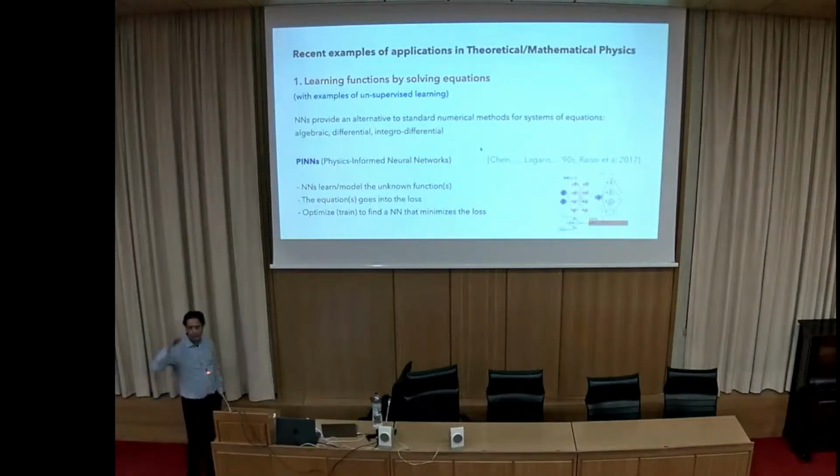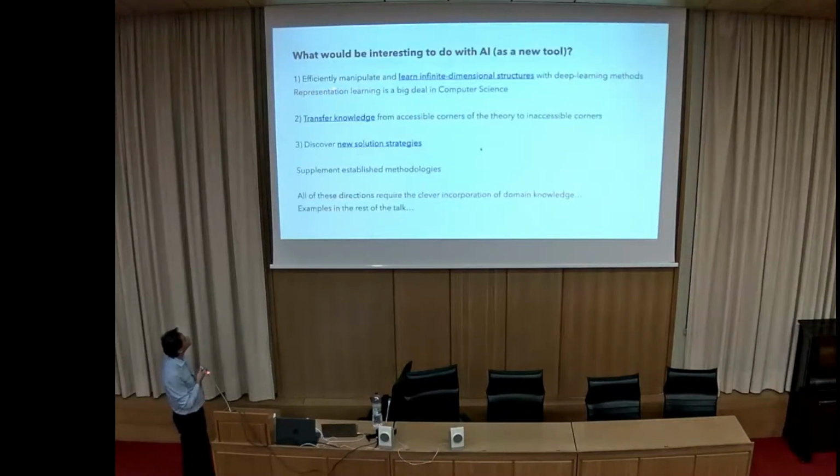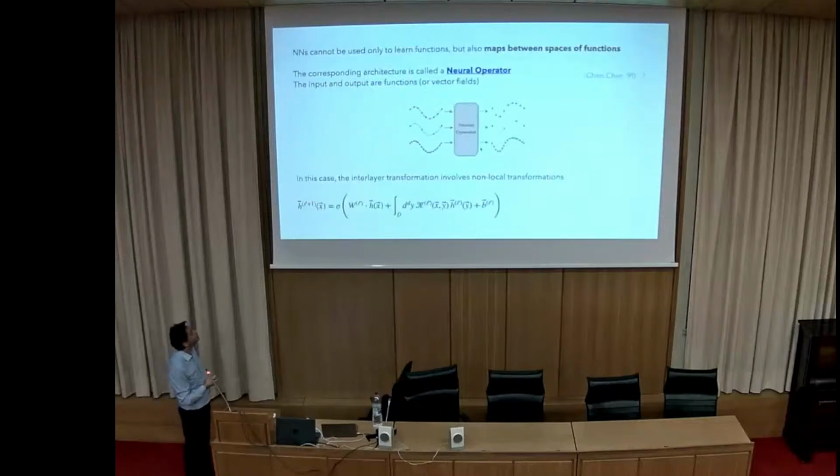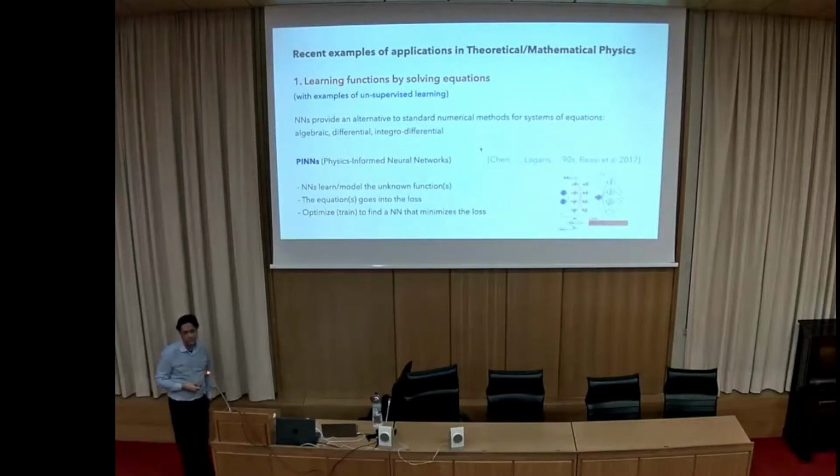So now let me go through these 3 points and try to illustrate examples and applications of these algorithms. The first one, remember, was to efficiently manipulate and learn infinite dimensional structures. As an example, here I will focus on learning functions by solving equations. Pretty standard thing. And this will also give us an example of what is called unsupervised learning. The idea is that we can use neural networks to find an alternative to standard numerical methods for systems of equations.